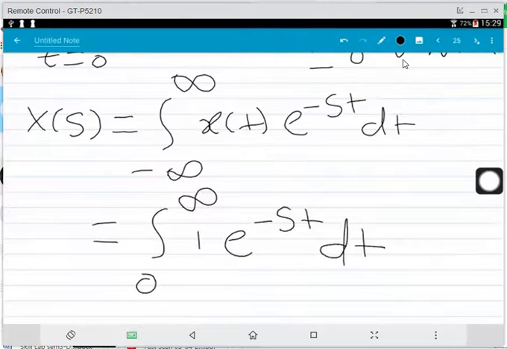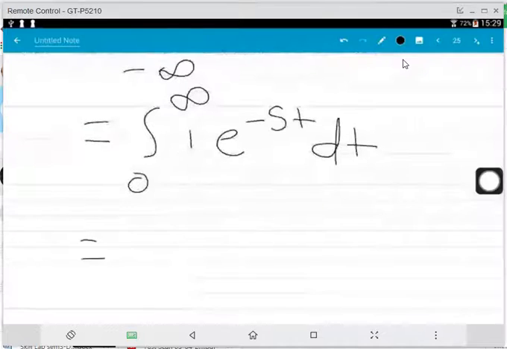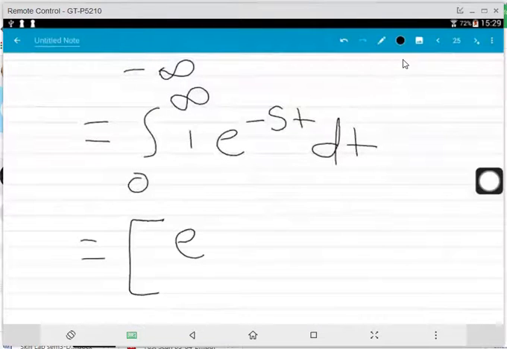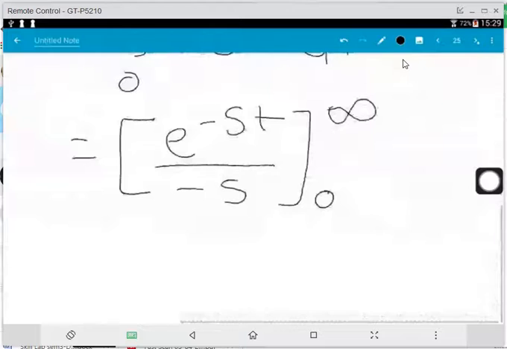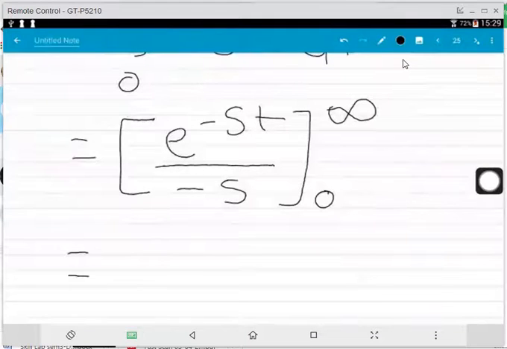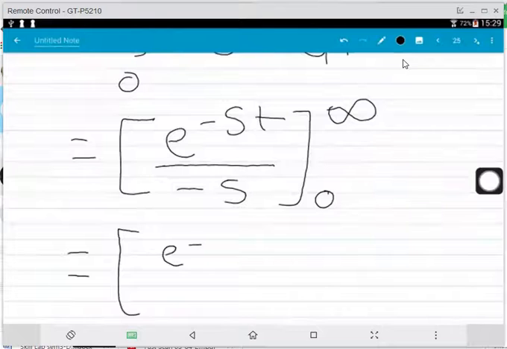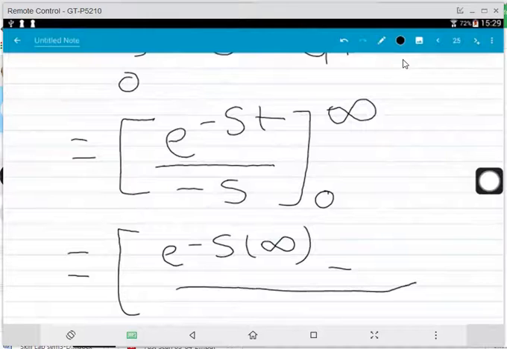Now we have to find this integration, and the limit will be 0 to infinity. So e to the power minus st divided by minus s, from 0 to infinity. Now we have to put this limit: e to the power minus s into infinity minus e to the power minus s into 0, that is equal to 0.